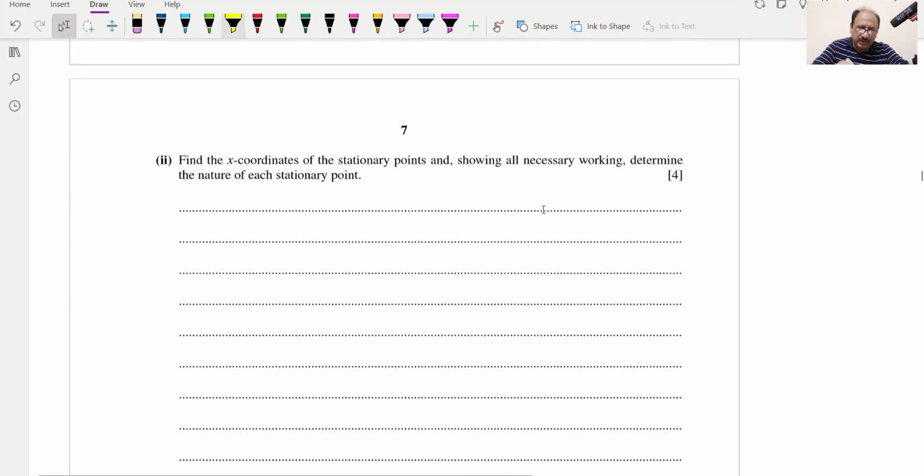They are saying find the x coordinate of the stationary point, and for the stationary point we are putting dy over dx equal to 0, and they're saying show all your necessary working, determine the nature of the point. For the nature of the point, we'll be using the second order derivative test, and we'll be checking whether it is positive or negative.